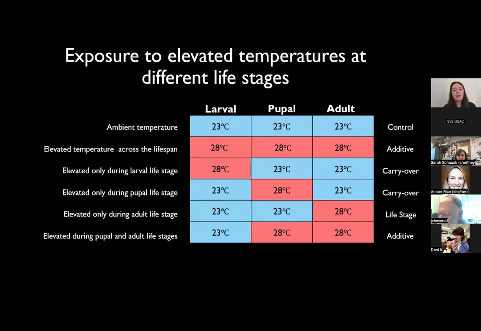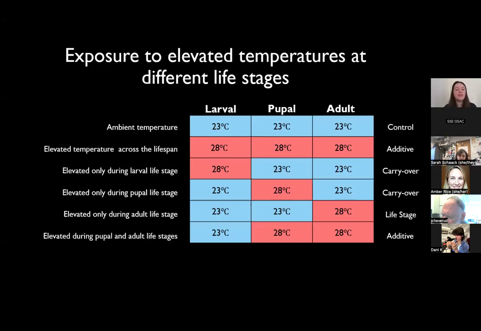I just want to take a second here to explain our thinking on 23 degrees and 28 degrees. 23 degrees is our ambient or control temperature for the remainder of the talk. That is because it is about the average temperature that the average corn borer experiences in summer right now, in 2020, when that data was collected. Whereas 28 degrees, it doesn't seem like a big jump, right?